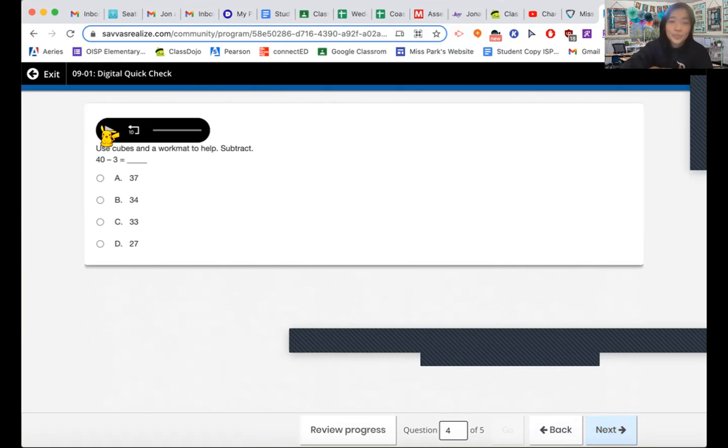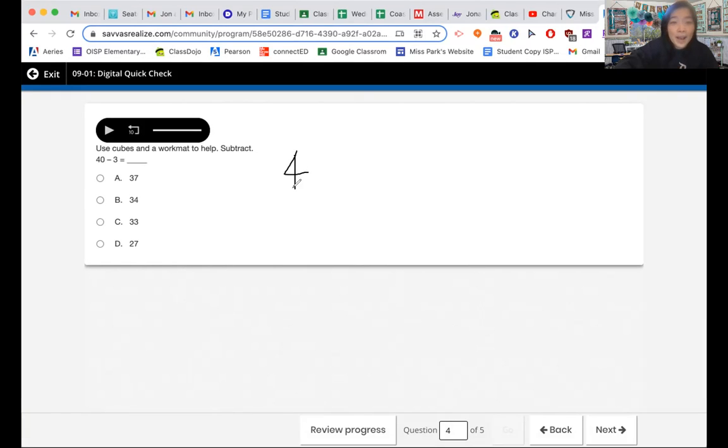Use cubes and a work mat to help. Subtract. All right. Next one we've got is 40 minus 3. Write the number sentence first. How many 10s do you have in the number 40? 4.